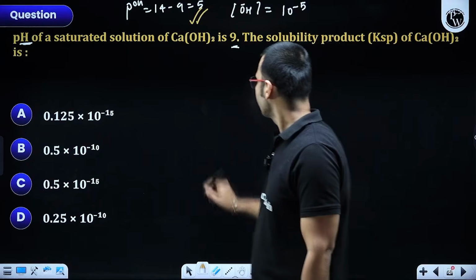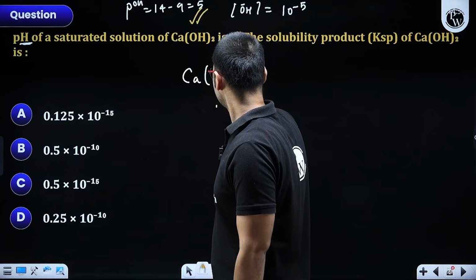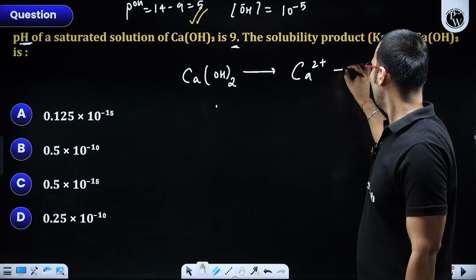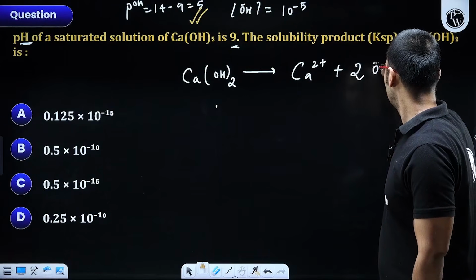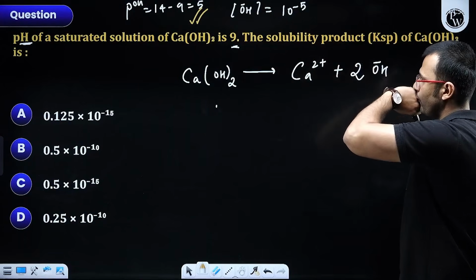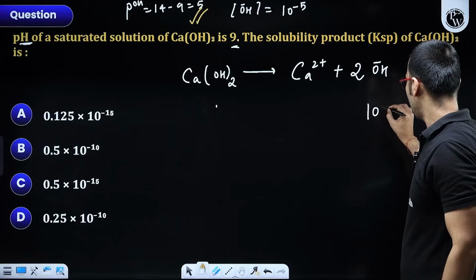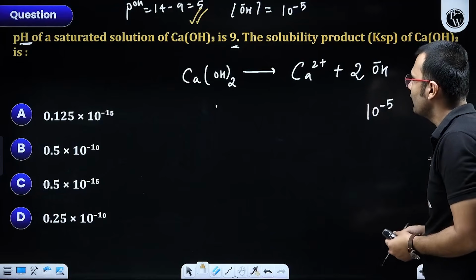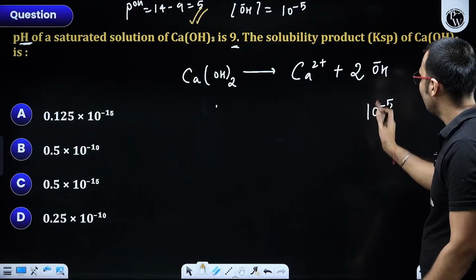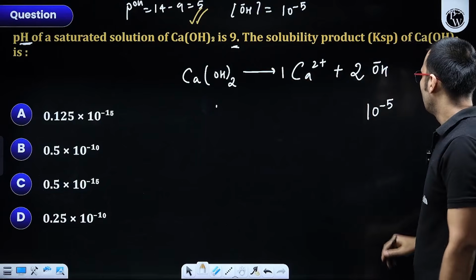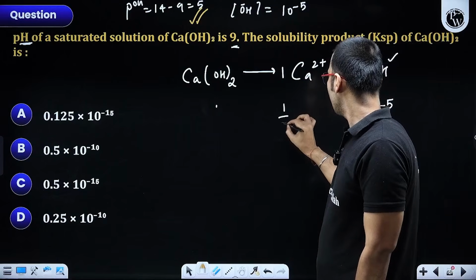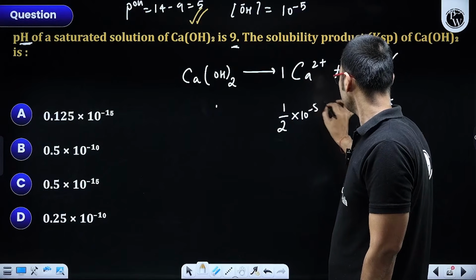Now, when calcium hydroxide ionizes, it produces calcium ion and twice of hydroxide ion. Because for the solution the pH is given, and from pH we got the concentration of OH minus, which is 10 to the power minus 5. So we already know the concentration of OH minus, 10 power minus 5. And it is always produced in the 1:2 ratio. So if OH minus is 10 power minus 5, calcium ion will be half of 10 power minus 5, right?